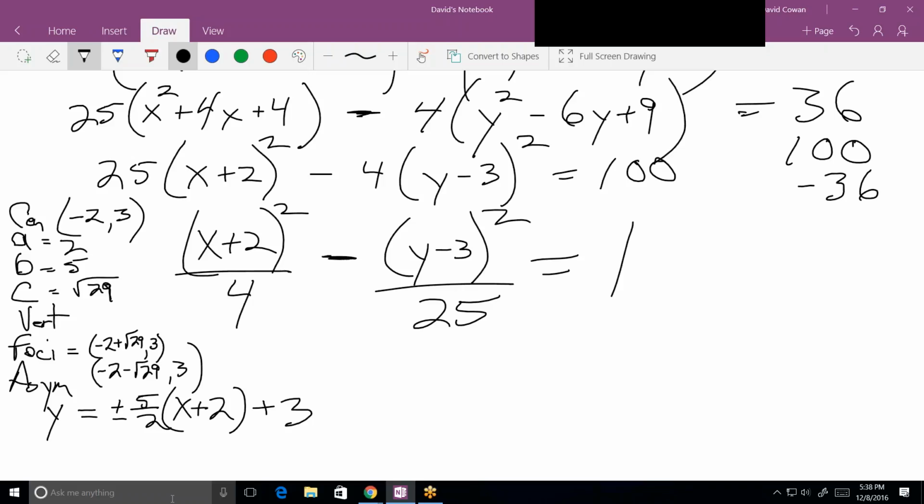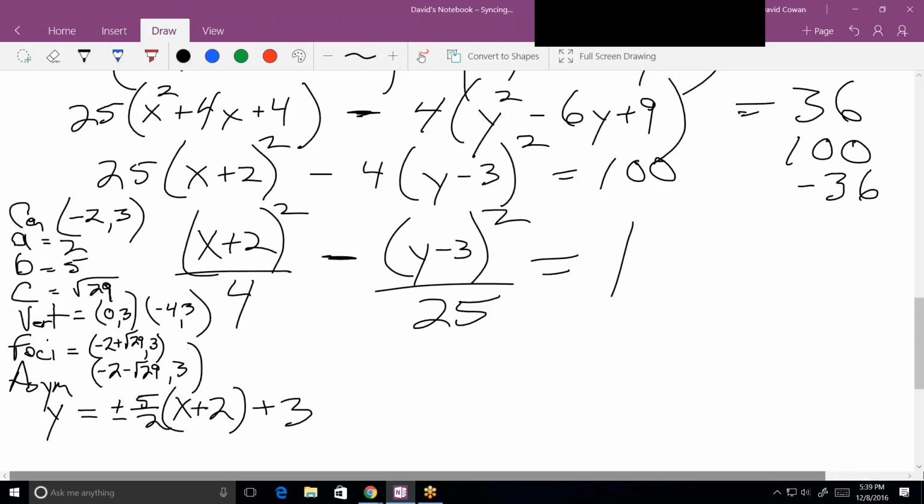Did they ask for the vertex? No, but the vertex is h plus a, right? So it would be -2 plus 2, that would be 0, comma 3. And the other one is -4, comma 3. And I don't think there's anything else to get from that hyperbola that we didn't get without drawing it.